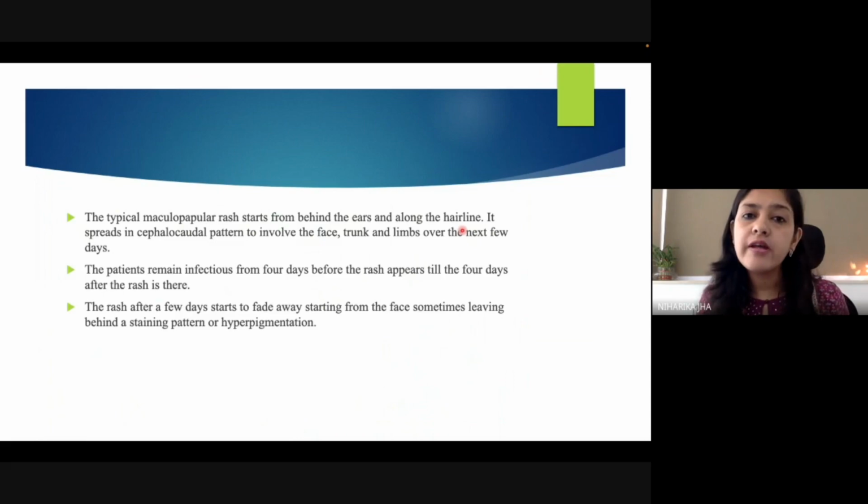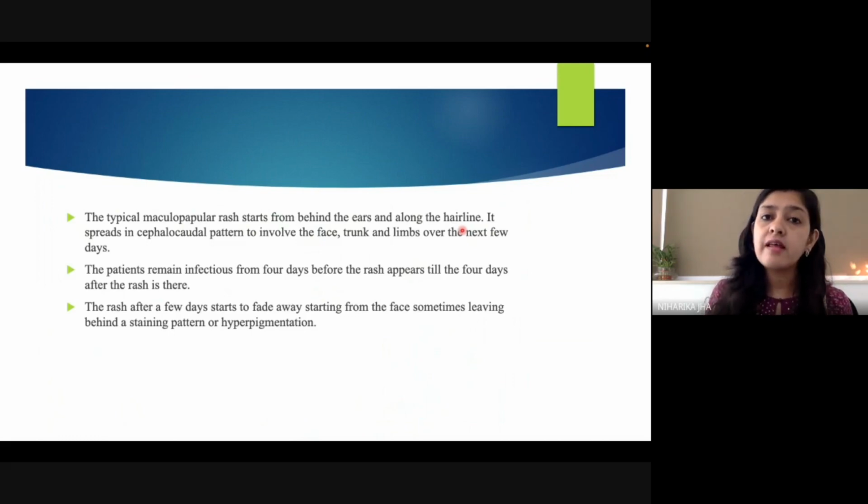Now, these points are very important because very easily we can confuse measles with exanthematous drug rash. The site of the onset of the rash and the progression of the rash gives us a hint whether the rash is viral in nature, whether it is a viral exanthem or an exanthematous drug rash.